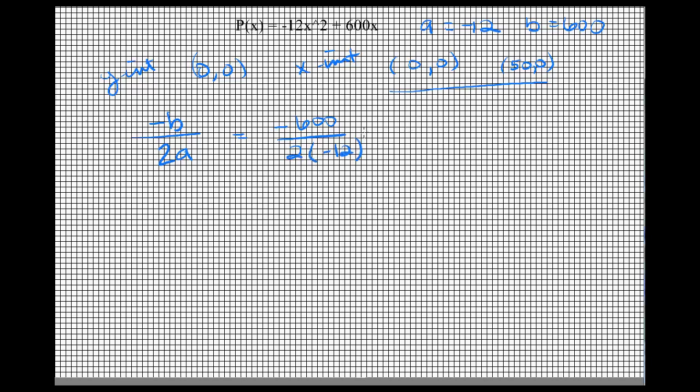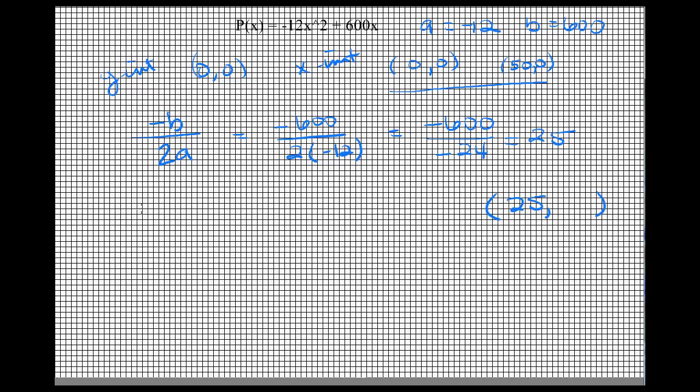The numerator becomes minus 600, the denominator becomes minus 24, and negative 600 divided by negative 24 is a positive 25. So that's our x-coordinate. We know that x is 25.